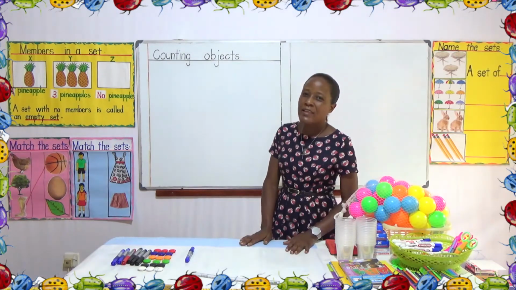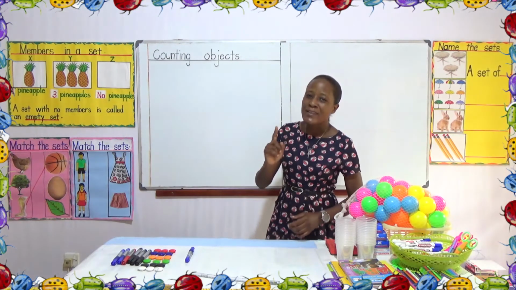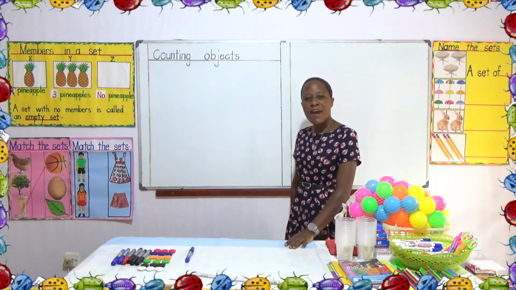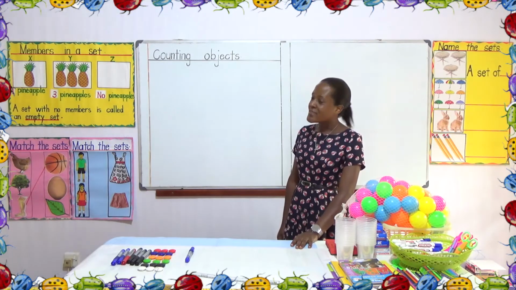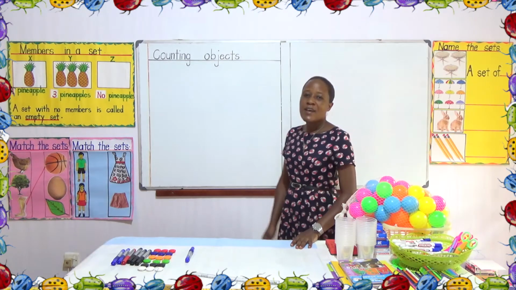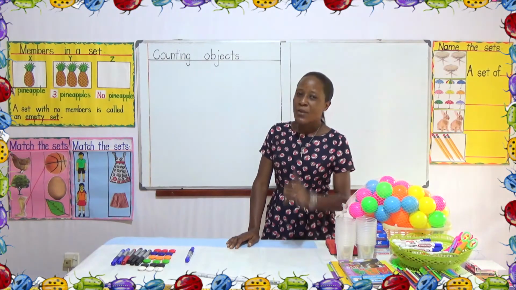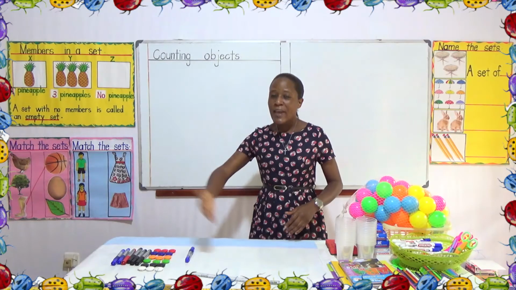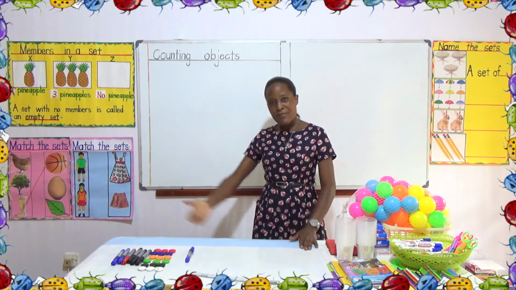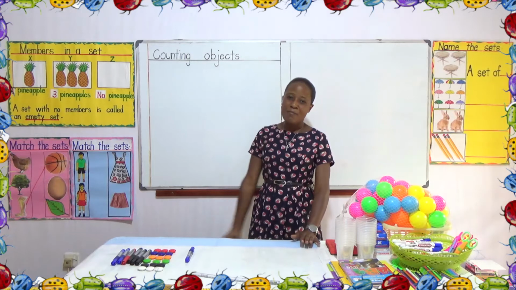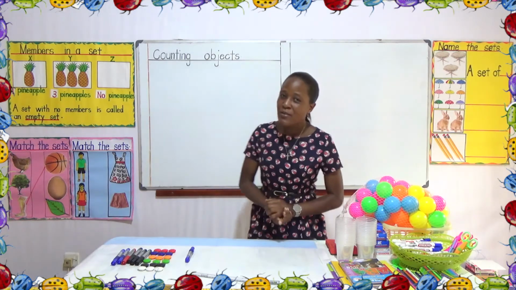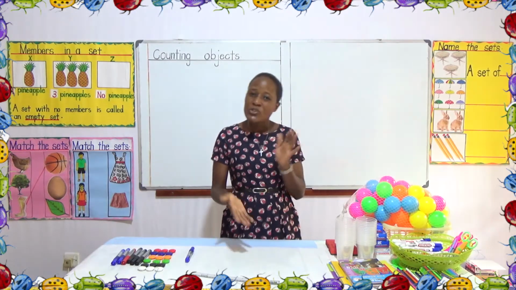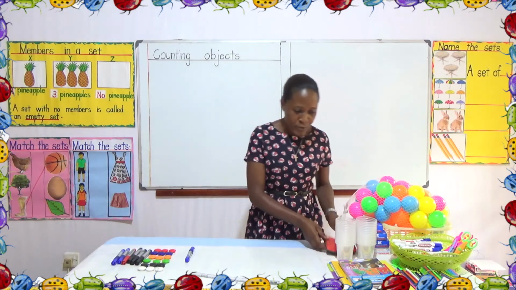Just from 1 to 10. 1, 2, 3, 4, 5, 6, 7, 8, 9, 10. We counted from 1 to 10, but I know we can also go ahead and count from 10 to other numbers. But let's first remind ourselves of the numbers we looked at. Let's have an example.